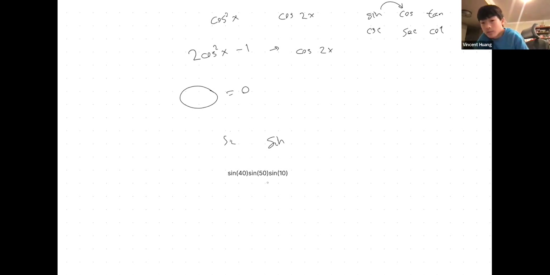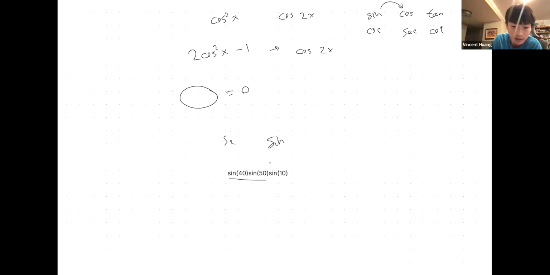There's nothing that will make another expression in here have a 10 in its argument, except, I don't think product to sum will do it.